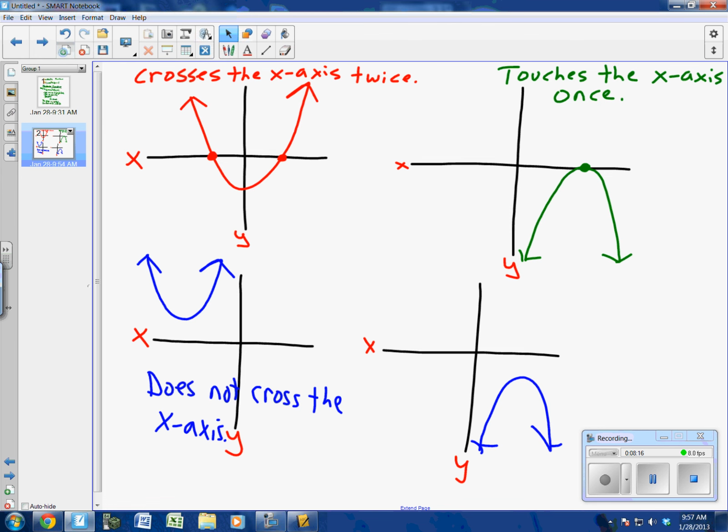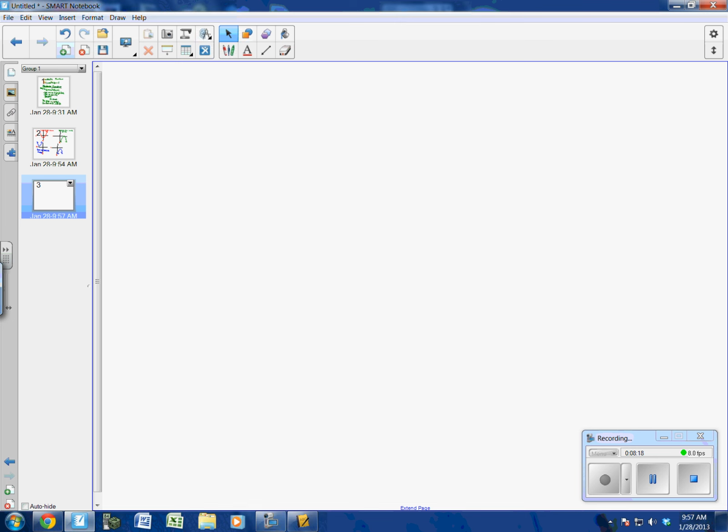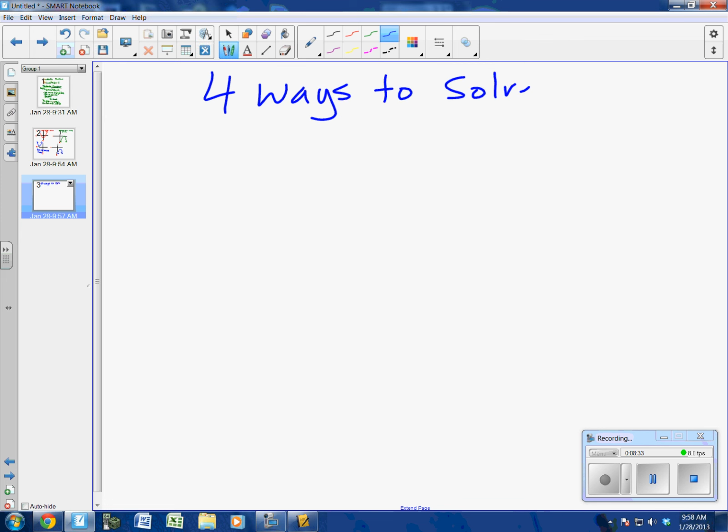All right, now, today, you guys, well, we have learned a few ways to solve quadratic equations. Everybody write this down. Four ways to solve quadratic equations.